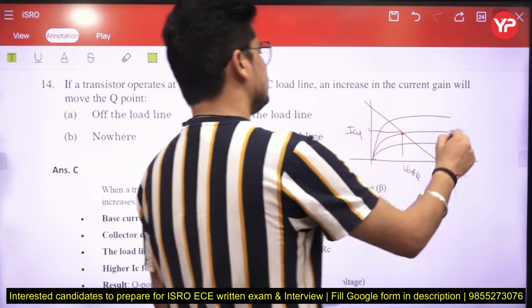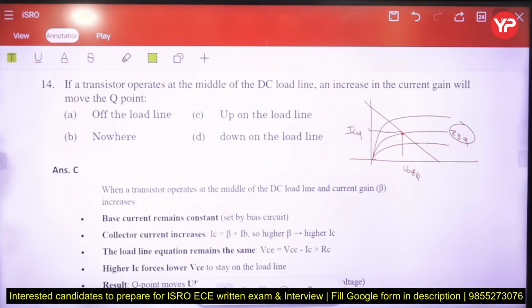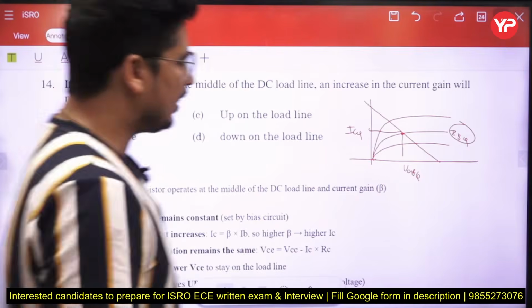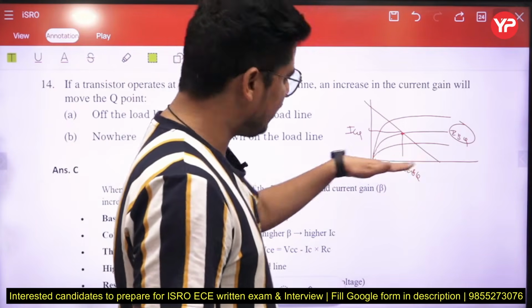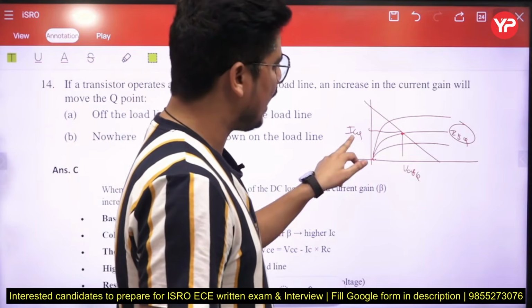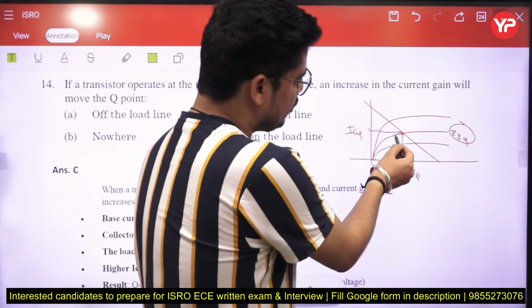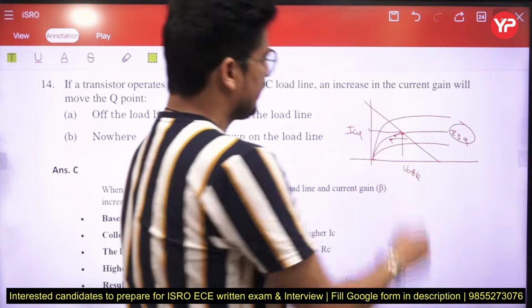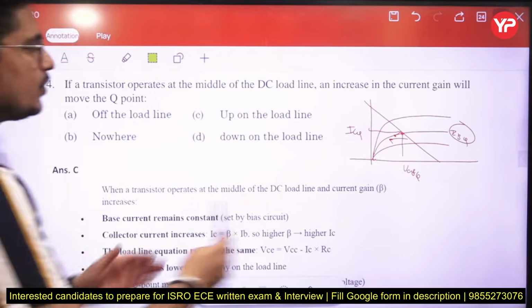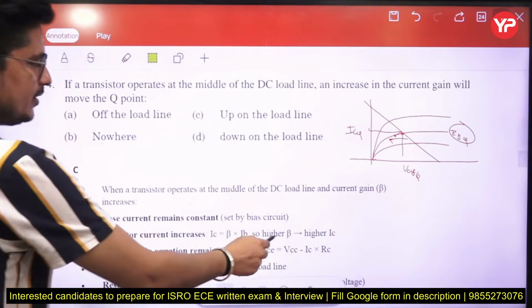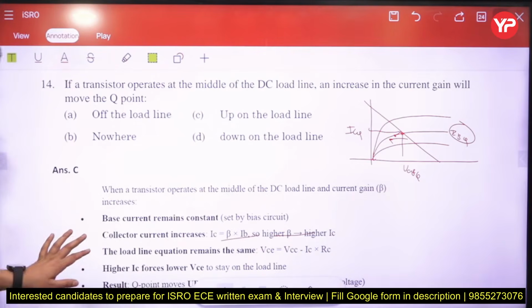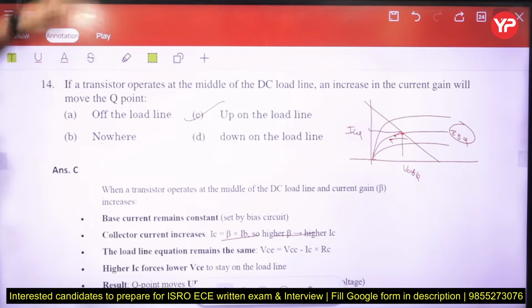This IBQ is independent of beta. Whenever I increase beta, it means IC will increase. IC will increase, that means your Q point should be shifted towards the left side, right? VCE is also changing. So beta is higher, so what we can say is that it will be shifted up on the load line, right? It will go up on the load line.